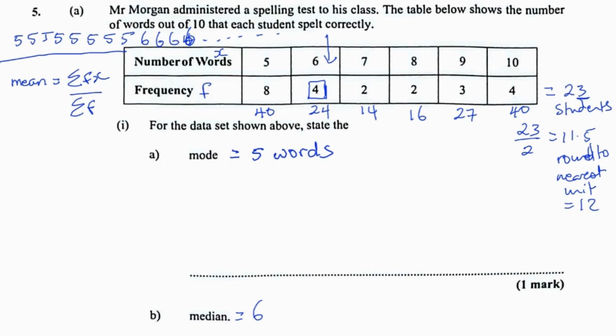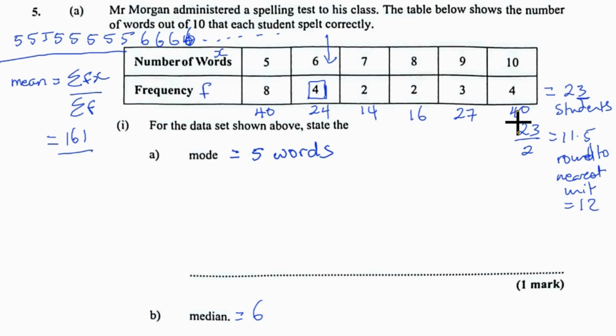So to go back to this equation on the left hand side, the sum of fx would be the sum of each of these numbers that we just wrote on the right hand side: 40 plus 24 plus 14 plus 16 plus 27 plus 40. That would sum to 161.